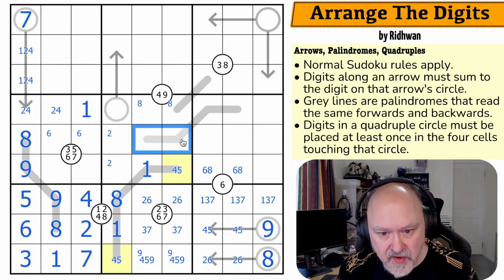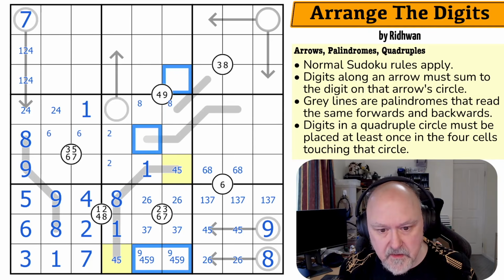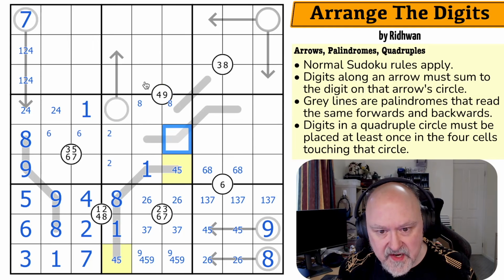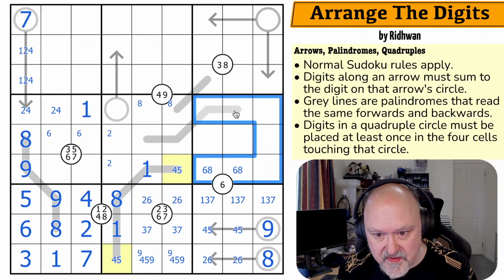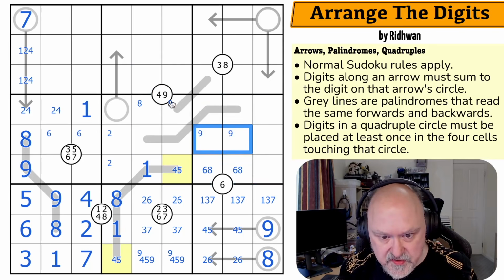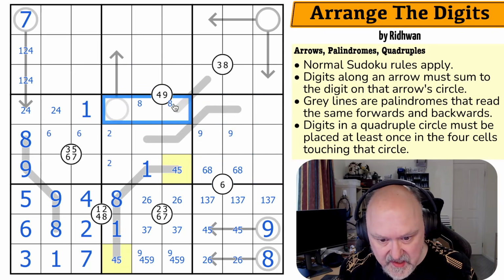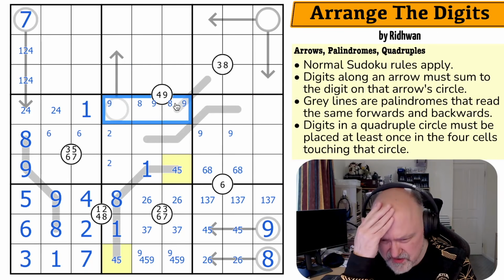If I put a 9 on this palindrome, a 9 here, around the quadruple, the 9 would have to go here, and then neither of those could be a 9. If I put a 9 here around this quadruple, the 9 would go here, and neither of those could be a 9. I can't put a 9 on the palindrome. So there's no 9 there, there's no 9 there, there's no 9 there. There's a 9 in one of those two, which means there is a 9 up here, which doesn't seem that much.